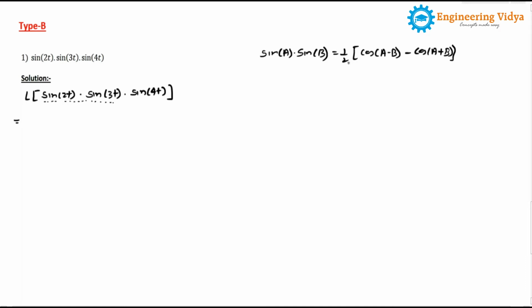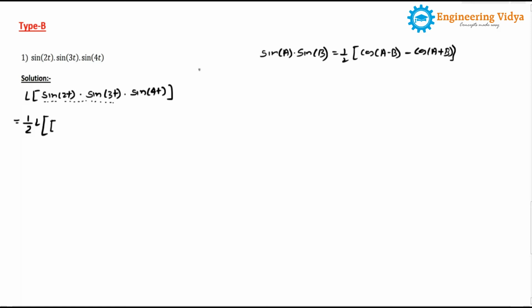Since 1 by 2 is a constant, we can take 1 by 2 outside. Here we need to find the Laplace transform of sin 2t into sin 3t into sin of 4t. We are considering sin 2t into sin 3t first. After applying the defactorization formula, 2t can be considered as a and 3t as b.